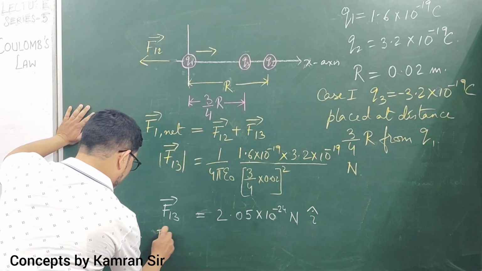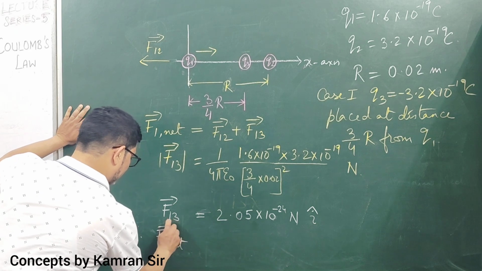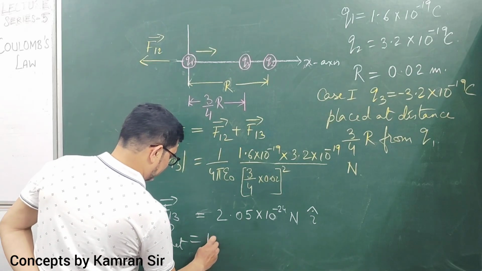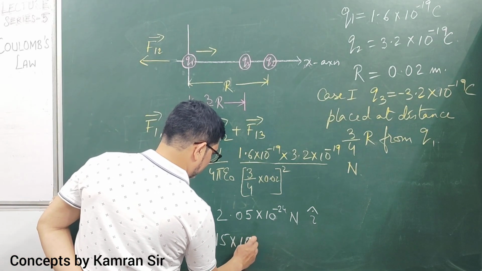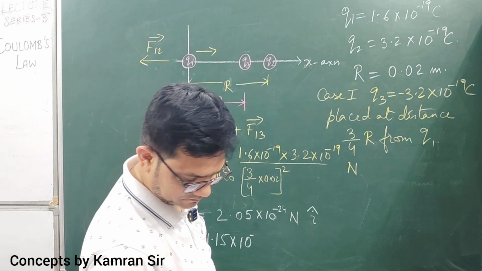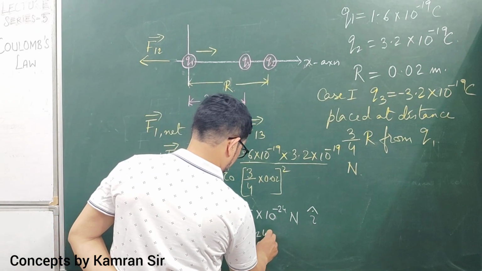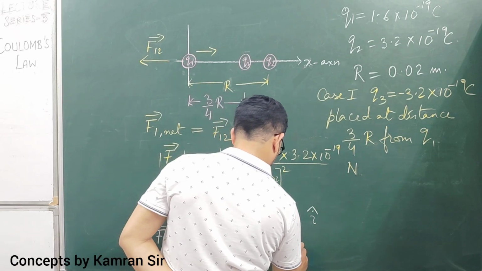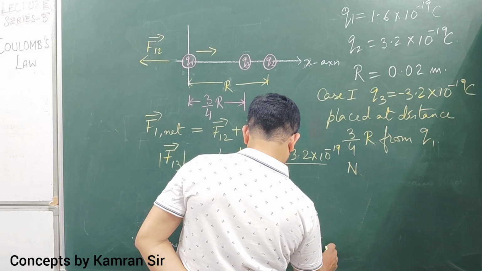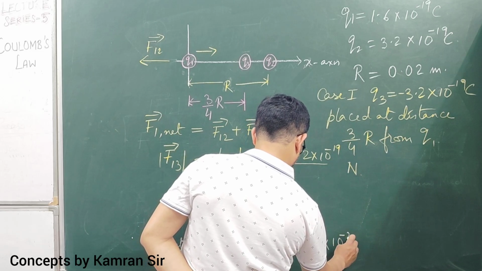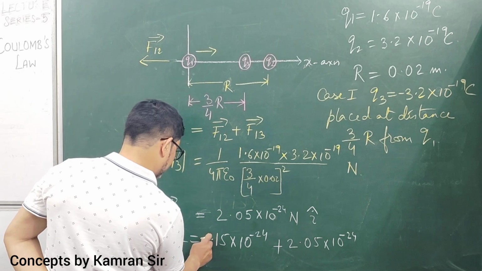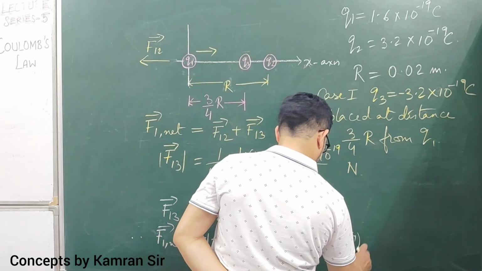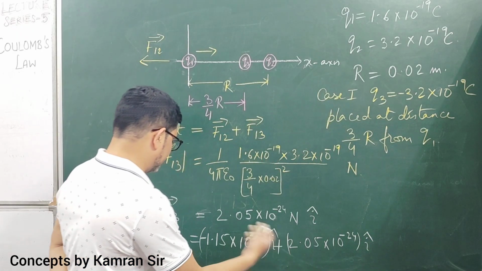So therefore, what is F1 net here? F1 net would be equal to what we got earlier, 1.15 times 10 raised to the power minus 24, and this plus this value, 2.05 times 10 raised to the power minus 24. This was negative i cap, and this is positive i cap. So eventually we need to subtract.